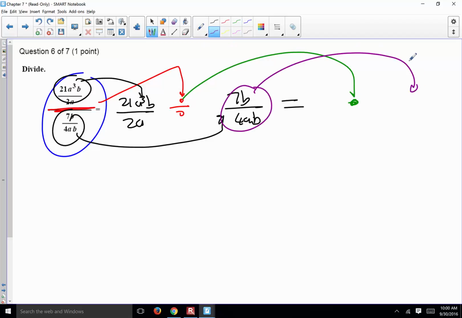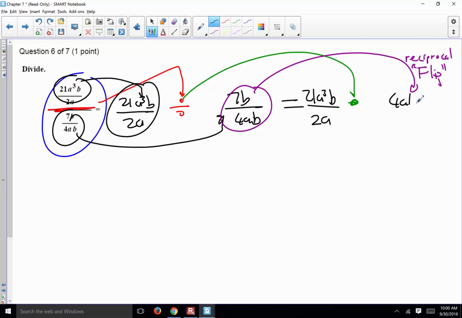You need to take reciprocal of this thing. Technical name is reciprocal, but I call it flip. Reciprocal means technically flip, okay? So you take the first term as it is, don't touch anything. You flip the second one, factor and cancel, you're done.